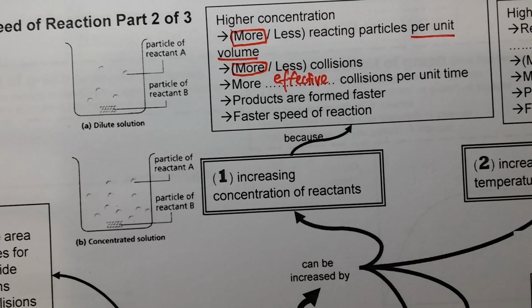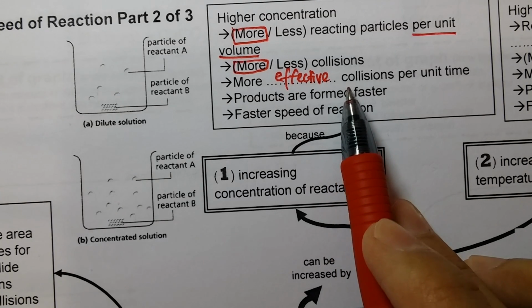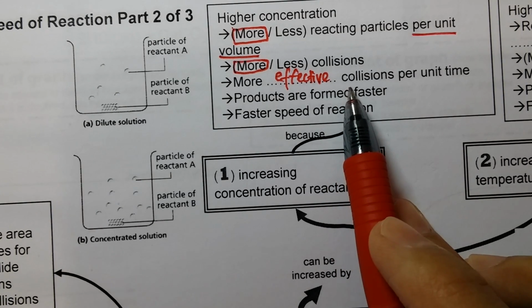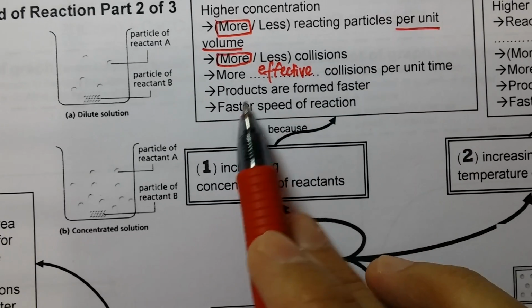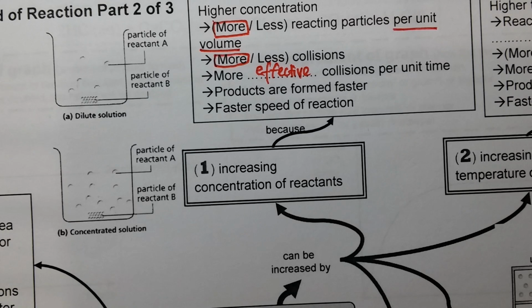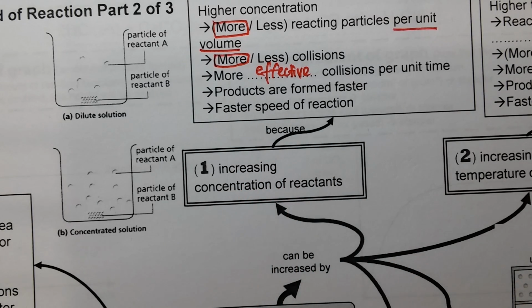Unfortunately, it works in that way. And when there are more effective collisions, meaning collisions that result in product being formed, so more effective collisions per unit time means more products. It means that products are formed faster, and the speed of reaction is faster.